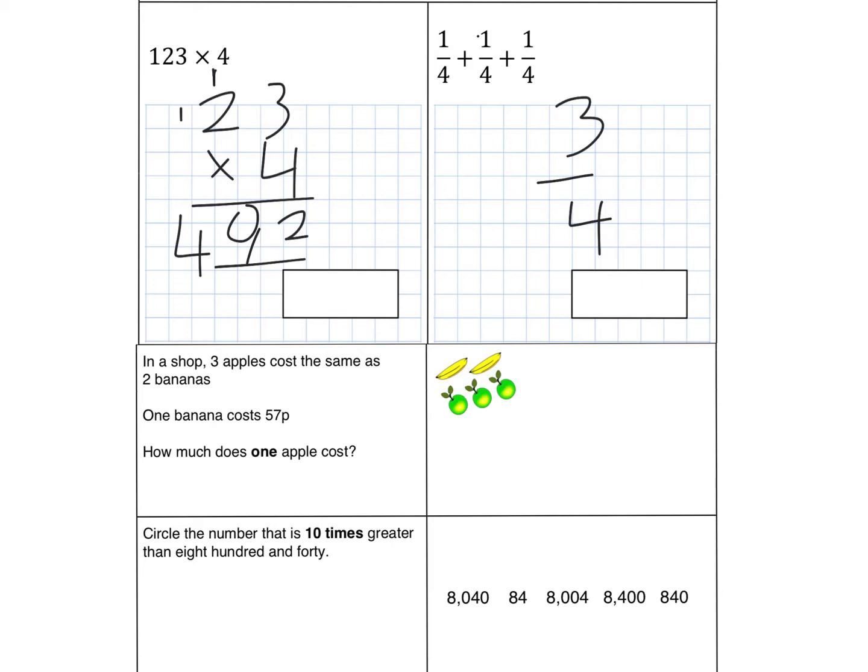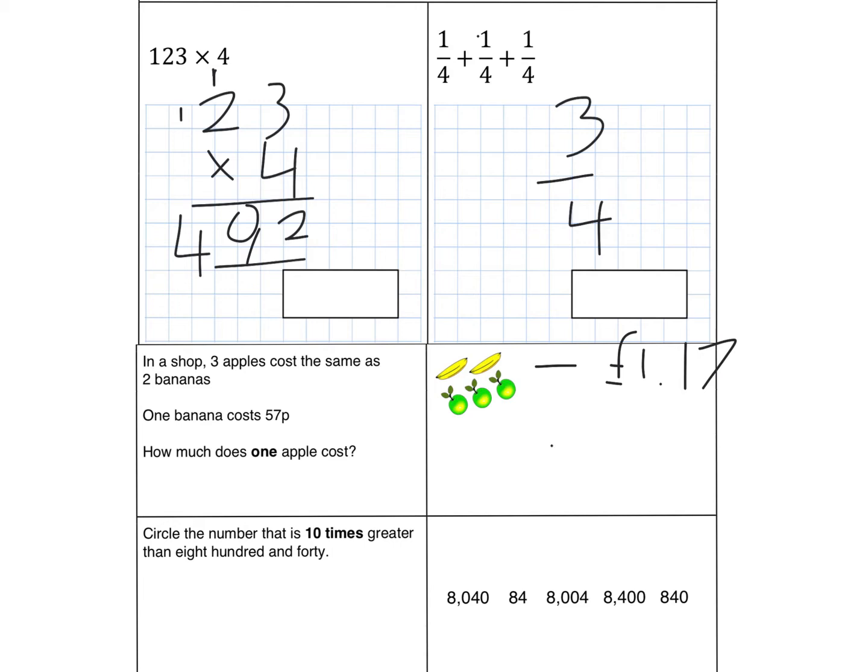Okay, in a shop, 3 apples cost the same as 2 bananas. It says 1 banana costs 57p, so we need to work out the cost of 2 bananas. So 2 57s, 2 50s are 100, plus your double 7, so that's £1.17 or 117p. And then how much does 1 apple cost?